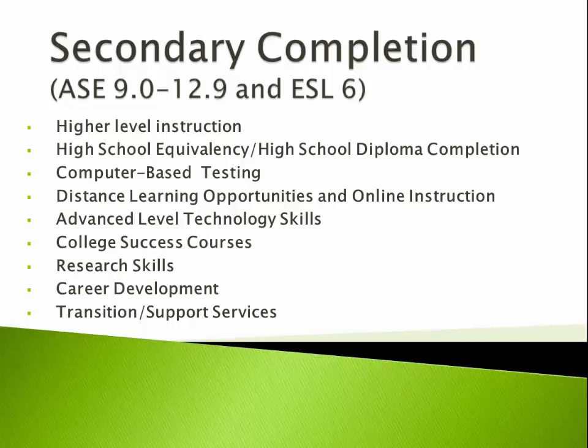Research skills is another thing that instruction should include, such as writing research papers and determining good online resources and things such as that. Career development is also included at this level, much the same as what is included for the Bridge 1 levels. Transition and support services, again, the same. None of them are different from the Bridge 1 program.